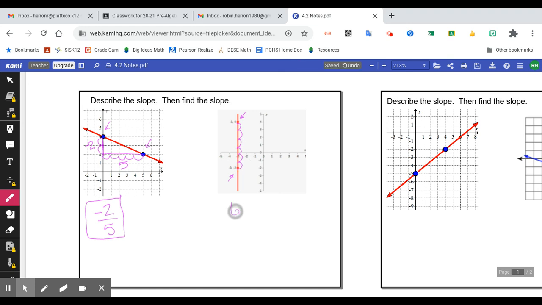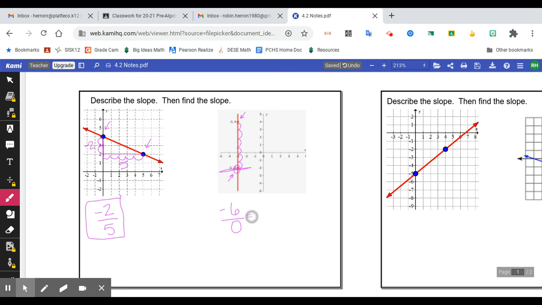So my rise is 6, or negative 6 if you want to put that. Now my run, I don't go anywhere. I can't go left or right to get to the next point. It's just right here, which means I've moved it 0 times. If you take a minute right now and punch in your calculator 6 divided by 0, it's not 0.